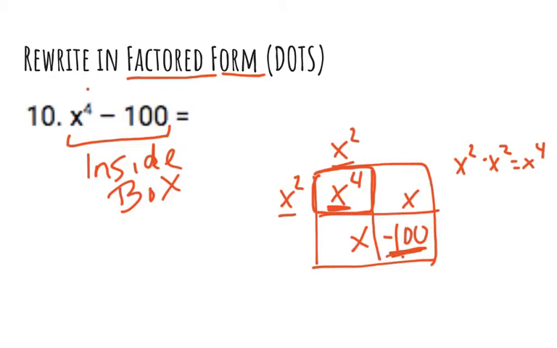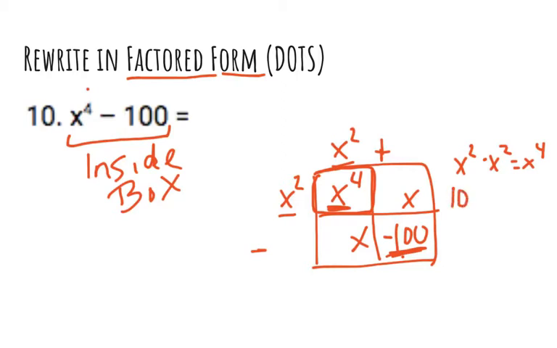Now 100. If it's a negative, I know one of the factors has to be positive and one has to be negative. There's no other way to get a negative if you're multiplying. And again, we're looking for identical factors so that the middle two terms can cancel out. So think in your head, pause me if you have to.